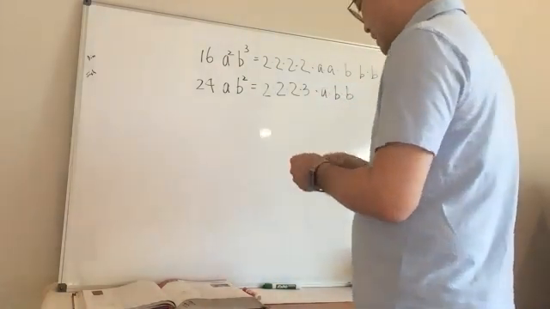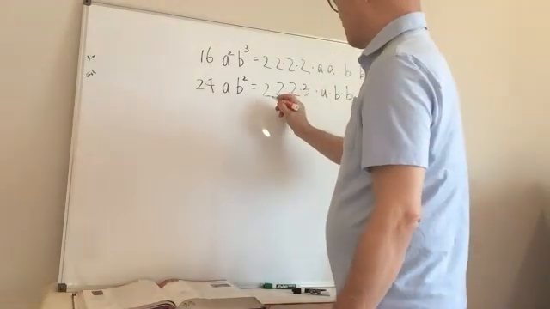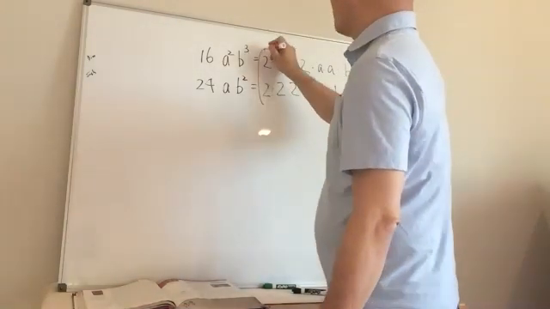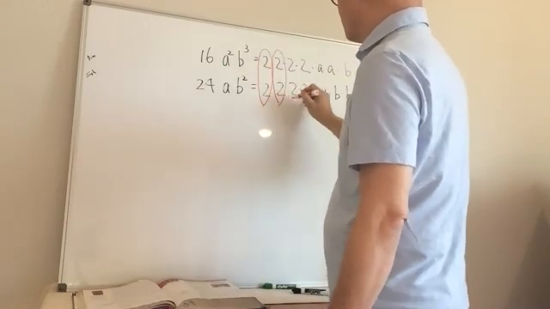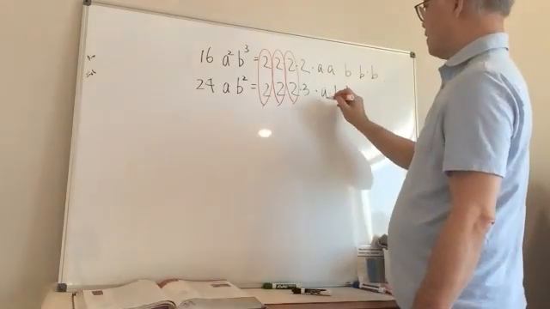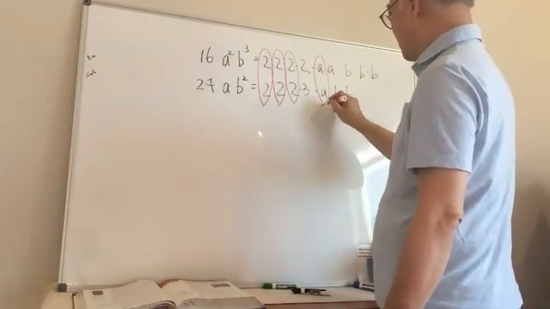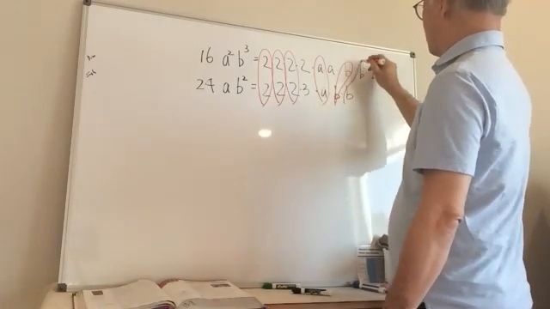All right, so what's next now? You circle the common ones, right? We're going to have the commons: 2, and we're going to have 2. What else? Circle the A's. There's only one A, and then 2 B's. We're going to have a B and a B, right?